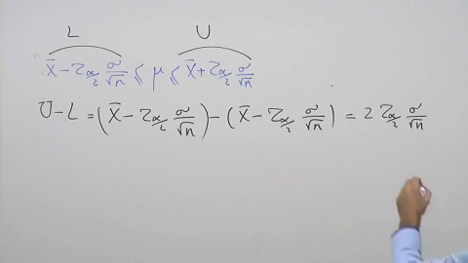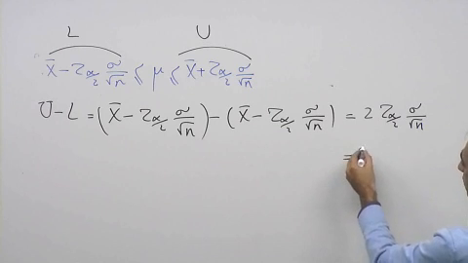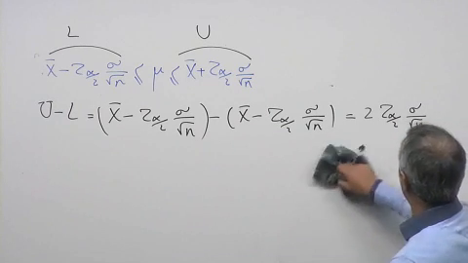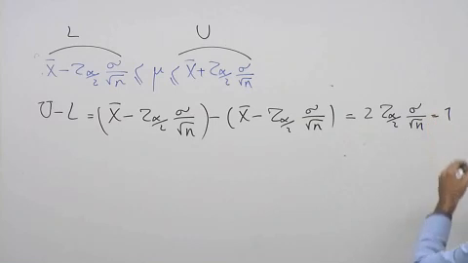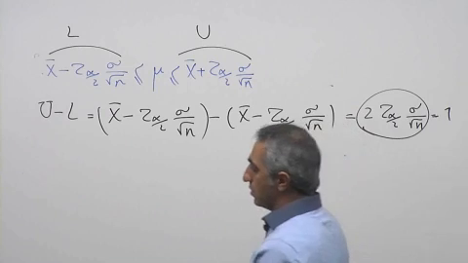So it says this number should be 1. Write it down here. This number should be 1. So what is your error?